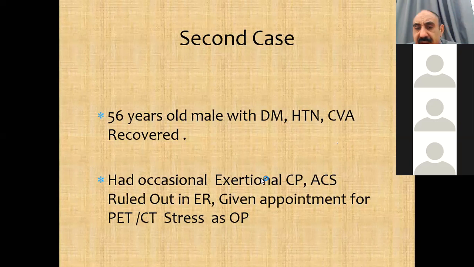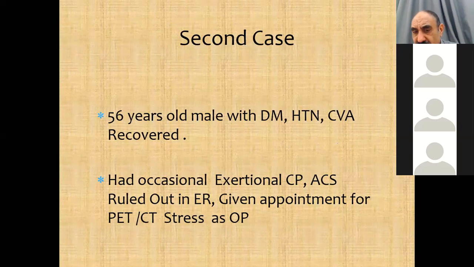And in the ER, usually our setup, and probably this is the setup everywhere else, is that we do at least 2 sets of cardiac enzymes, peripheral troponin I or troponin T, and also ECGs twice. And then we take a good history and physical exam, and we rule out heart failure or acute coronary syndrome.